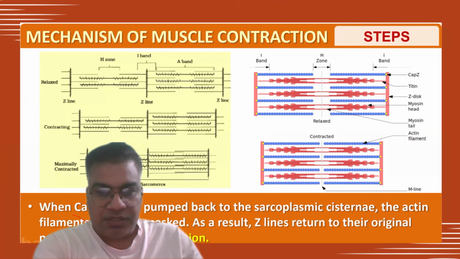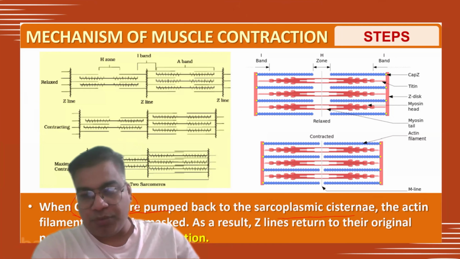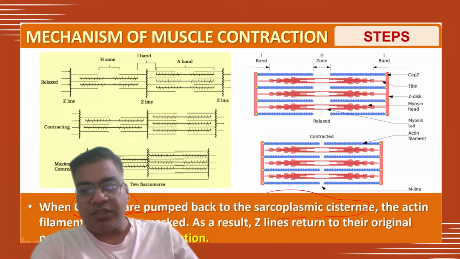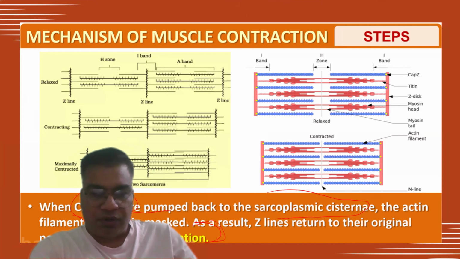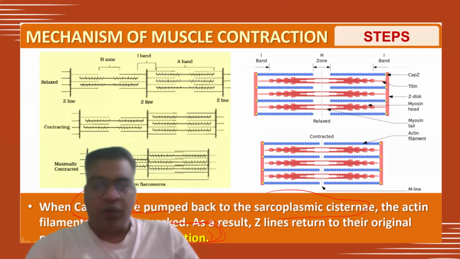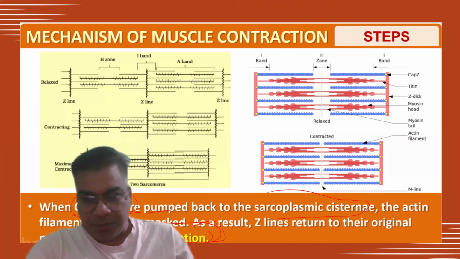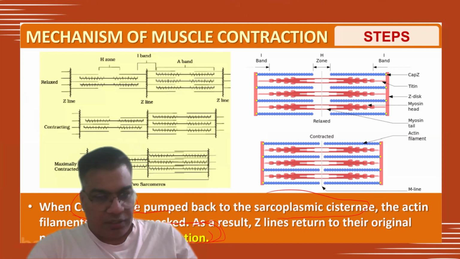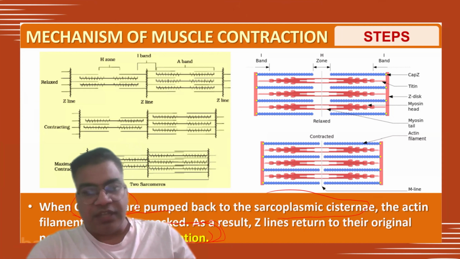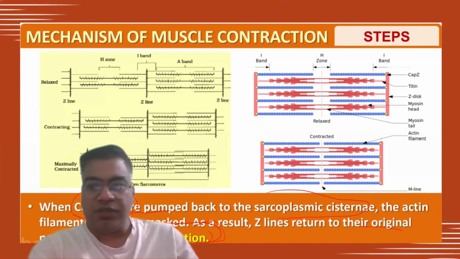When calcium ions are pumped back to the sarcoplasmic cisternae, the actin filaments are again masked. As a result, the Z lines return to their original position. We call this relaxation. When calcium ions are pumped back into the sarcotubular system, the actin filaments are again masked by the troponin protein, and the Z lines return to their original positions.